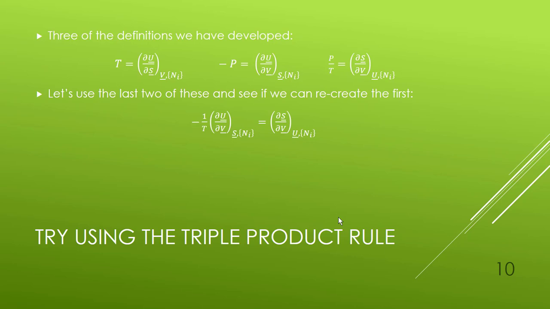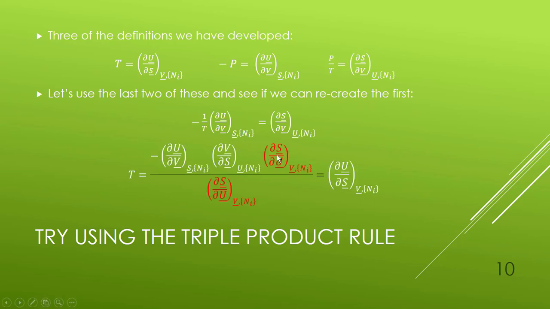And so, therefore, if we do this, I take the product of these two things here, (∂U/∂V) at constant S and n, okay, is negative P. I'm trying to get to P over T, so multiply by negative 1 over T. So negative 1 over T, (∂U/∂V) at S and n, is the same as this (∂S/∂V) at U and n.